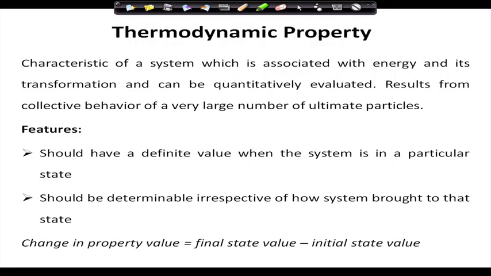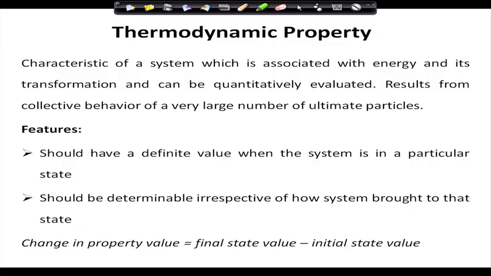Now, there can be a huge number, or rather a large extent, of properties by which we can characterize a particular system. As far as thermodynamic properties are concerned, we usually refer to those particular characteristics which are associated with energy and its transformation. Firstly, they can be quantitatively evaluated, and mostly we find that since we are dealing with macro systems which are made up of a large number of ultimate particles, I am not going to refer to them as atoms, molecules, ions, because they can be anything.